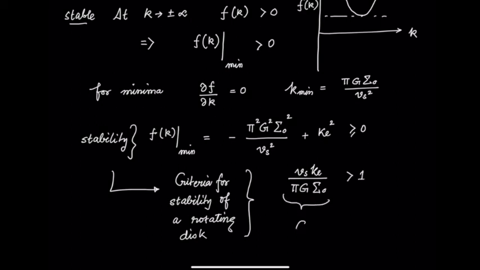This thing is often called Q, so it should be Q greater than 1.